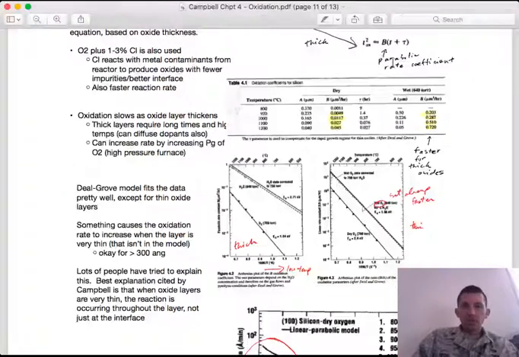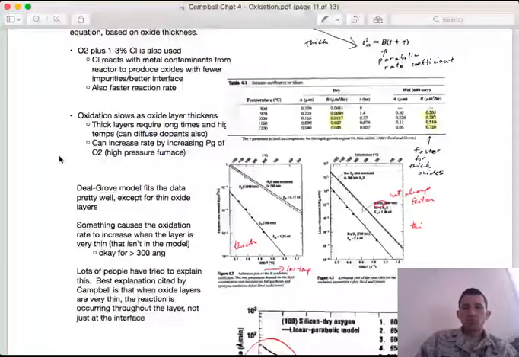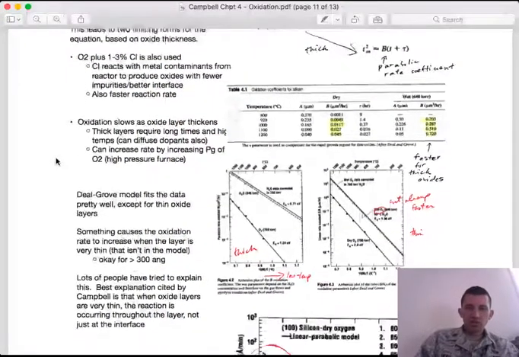And like we saw here, the oxidation slows as the layer thickens. So to get thick oxide layers, we need high temperatures or long times.